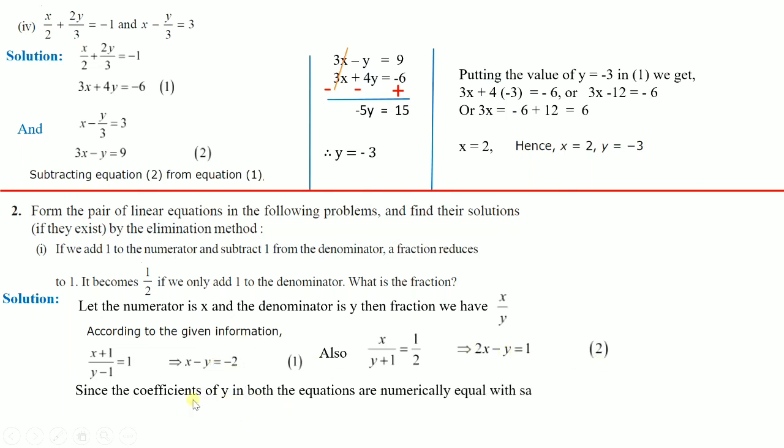The coefficients of y in both the equations are numerically equal. Coefficient of y is 1 and coefficient of y is 1, equal with the same sign, negative and negative. So we will subtract them to eliminate the variable y. We have 2x minus y is equal to 1 and x minus y is equal to minus 2.